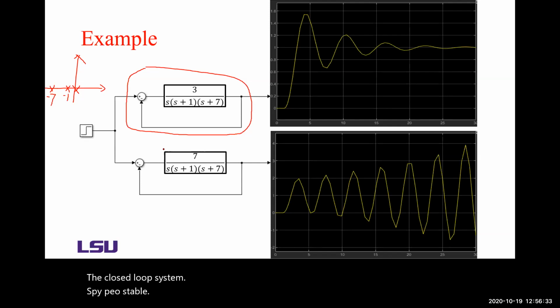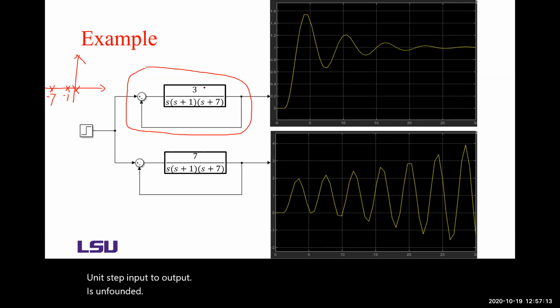For the second case, we still use the unity feedback, but in this case the poles of the closed loop system will be in the right half plane. Therefore, the closed loop system is not stable, not BIBO stable. You will see that for the same unit step input, the output is unbounded.